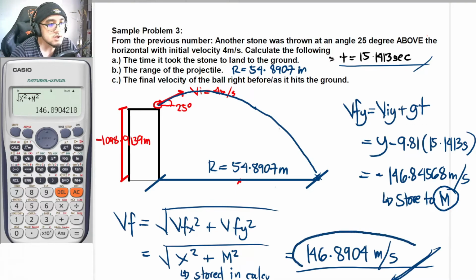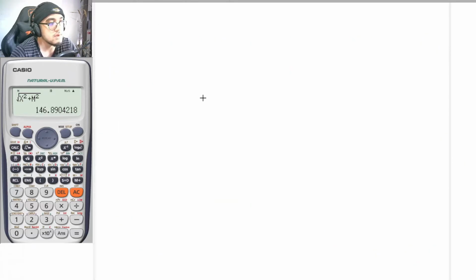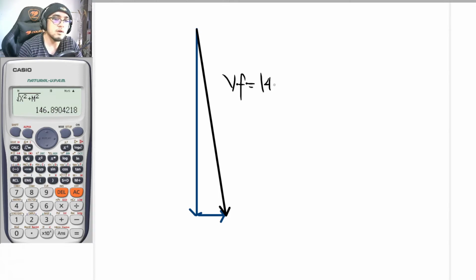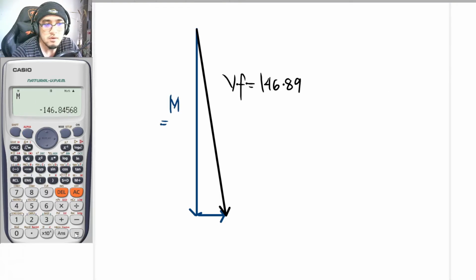So this is the magnitude, but what about the direction? For the direction, if this is your y component of your Vf, and this is your x component, and this is its resultant. So this resultant, your Vf, is equal to 146.89. And this one is stored in M, so what is our alpha M?